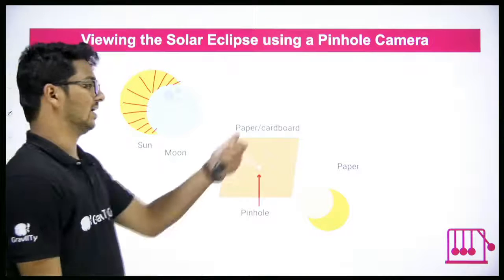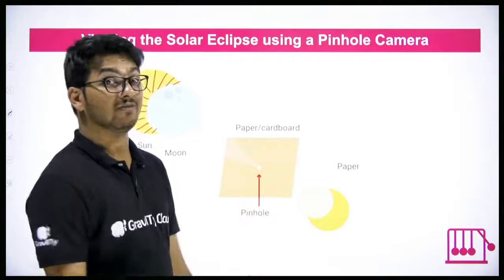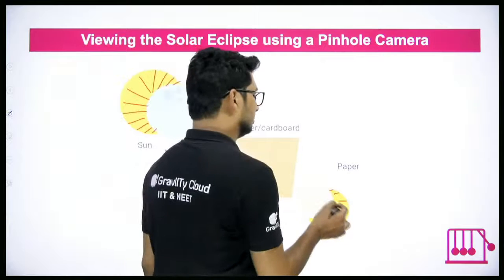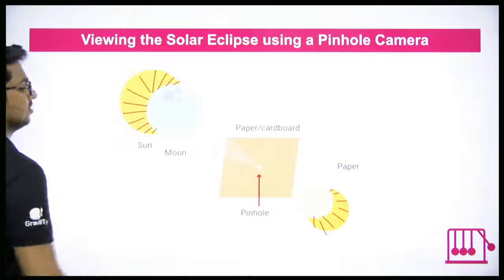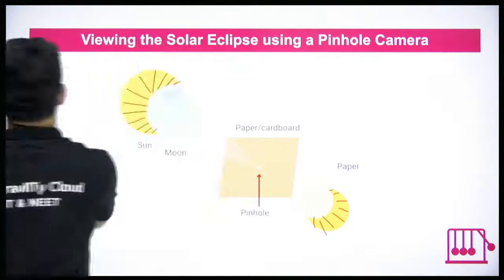So it's very simple. We have taken a cardboard box. We have made a small pinhole. And on the screen, if you look at the image, this will be the image, only this, because that is the object. The sun is in this shape, so the image will also be in that shape. What happened to the part that is not visible?